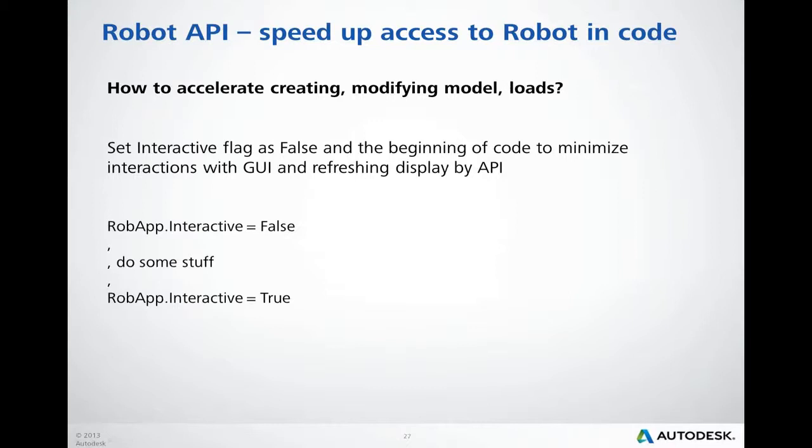How to accelerate creating and modifying the model, loads, etc.? Set the interactive flag to false at the beginning of the code to minimize interactions with the graphical user interface and refreshing the display by the API.